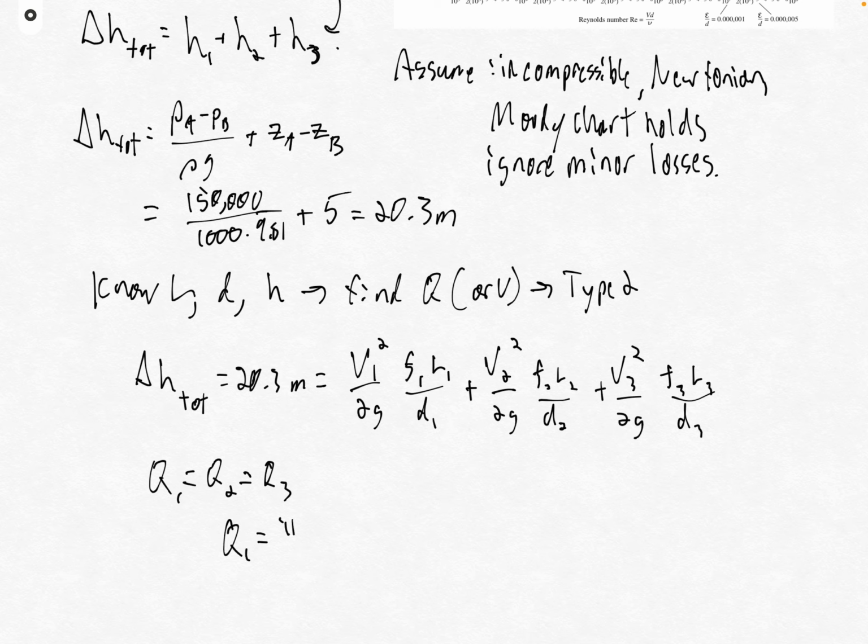That's going to be equal to pi over 4 times d1 squared times v1. We know that's equal to Q2, which is pi over 4 times d2 squared times v2.